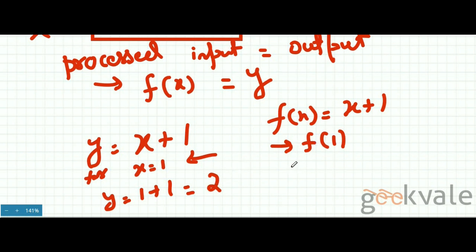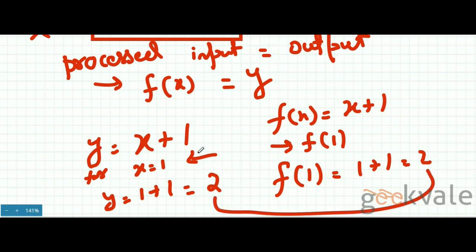F of 1 will be: wherever you have x in this expression, relation, function, you just replace it with the input you want to evaluate it for. F of 1 will be equal to 1 plus 1, 2.